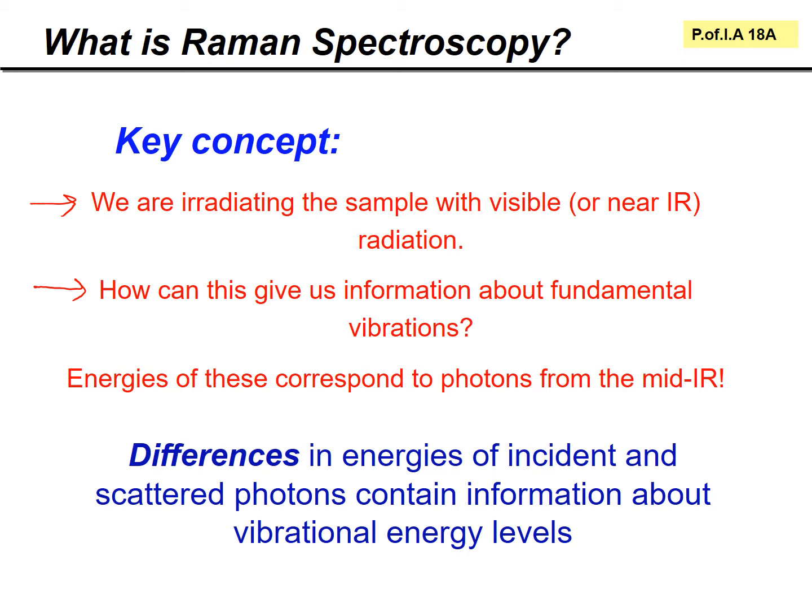The way this is done is the differences in the energies of the incident and scattered photons. That's the key. So we're not so worried about exactly what wavelength we're shining onto the sample, and we're not so worried about exactly what wavelength is being scattered off. It's the difference in those wavelengths that tells us about the vibrational energy levels.